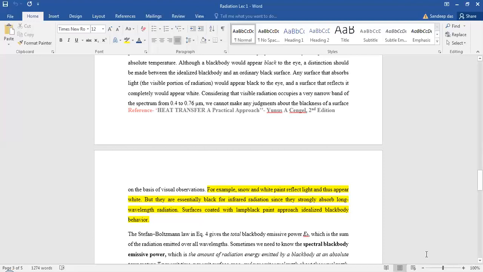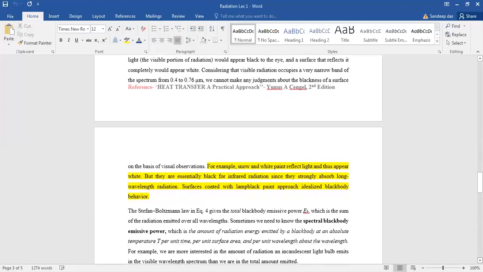So we can say that a black body need not be ideally black to be called a black body. It can be white or it can be perfectly black. It depends upon our use.